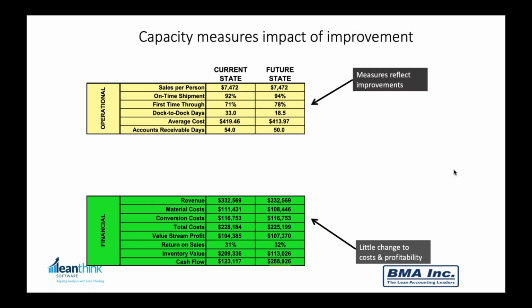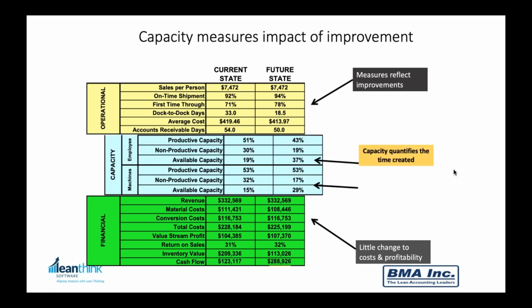But again, we're not seeing a whole lot of profit change. Why? Because most of these improvements have created capacity. Our available capacity, both in people and machines, has just about doubled through these efforts. And this is one of the important reasons why a box score is needed, especially when looking at improvement activities.